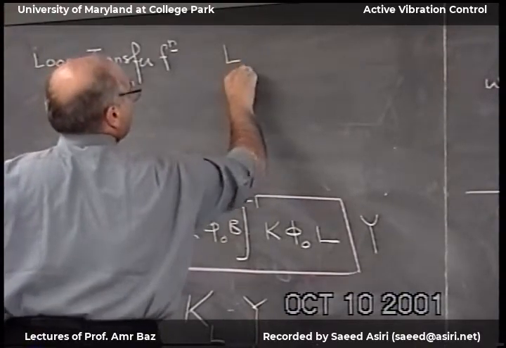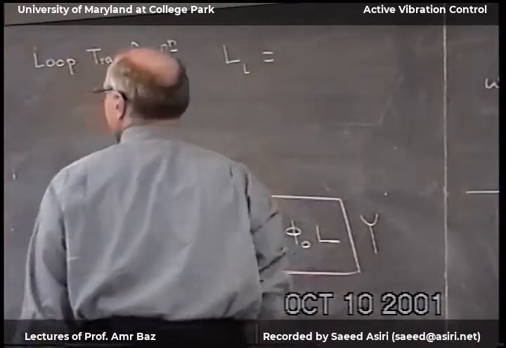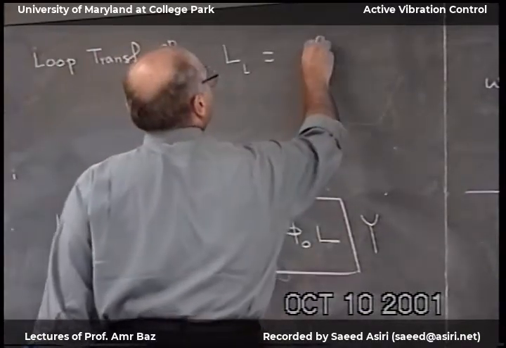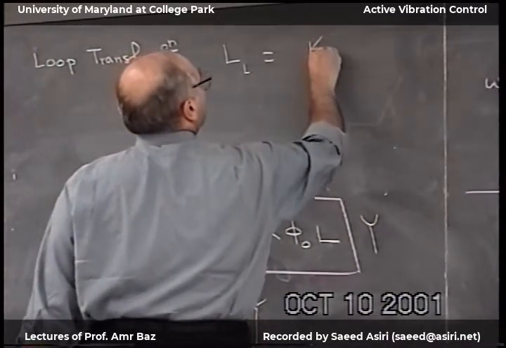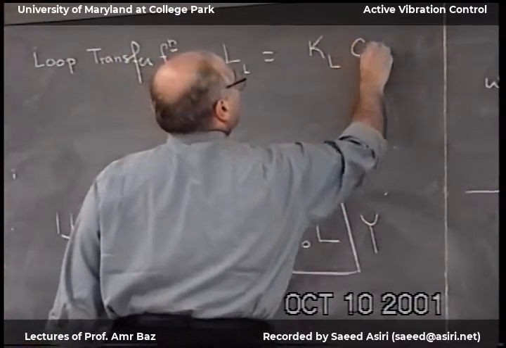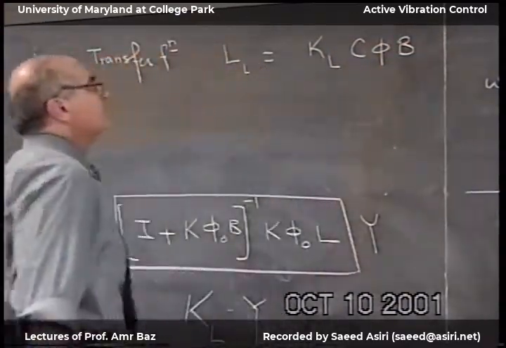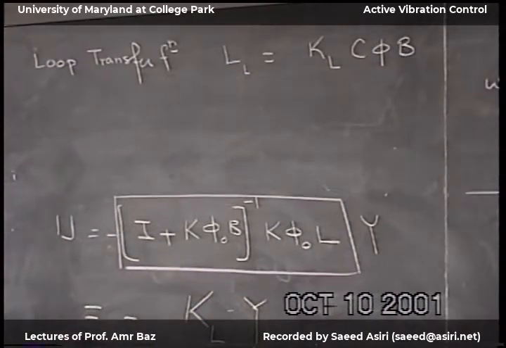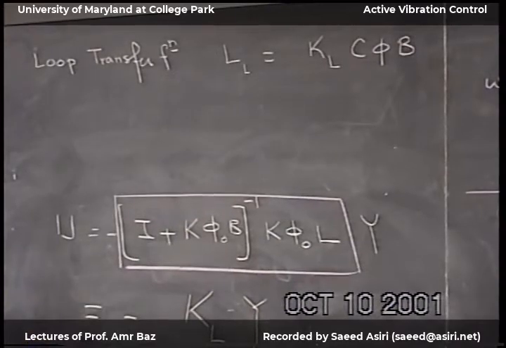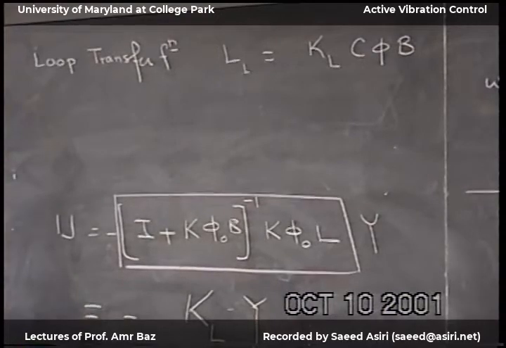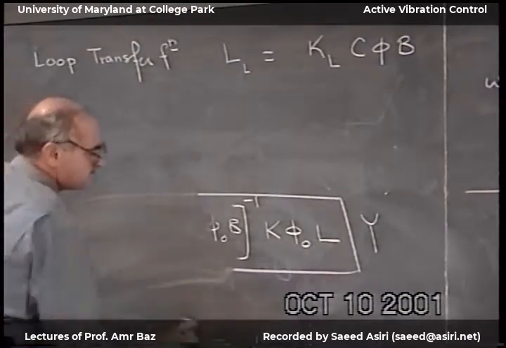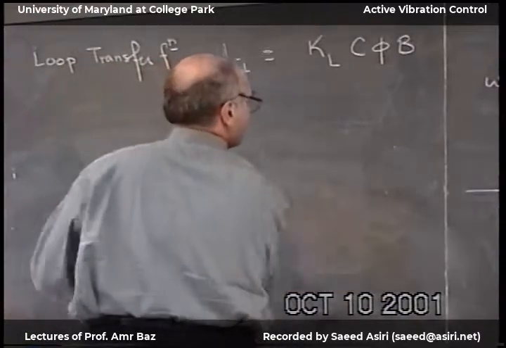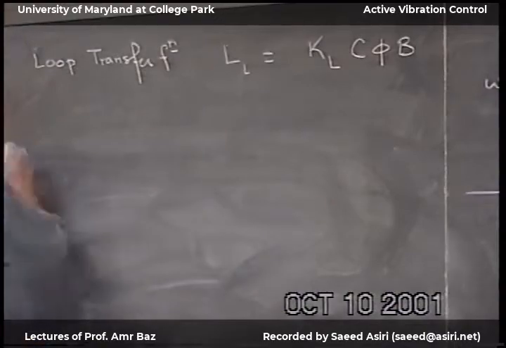The loop transfer function will equal K_L, C, phi, and B. This is for the LQG.